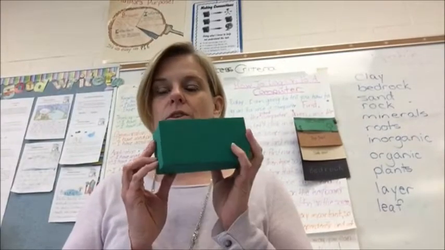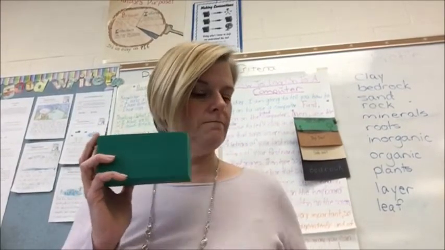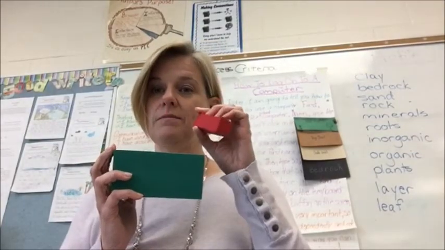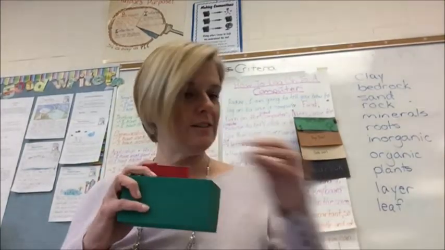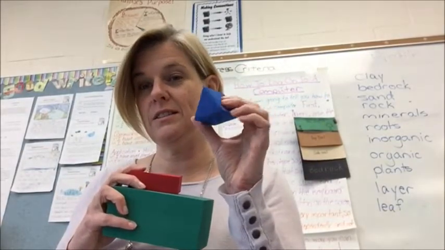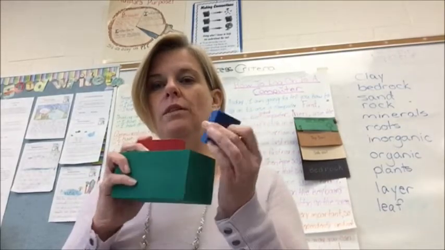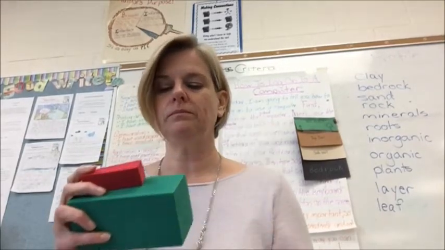So let's start with counting a few edges and vertices and faces. Let's look at this one first. This is called a prism, and so is this, and so is this. Let's see what they all have in common and why they're called prisms.